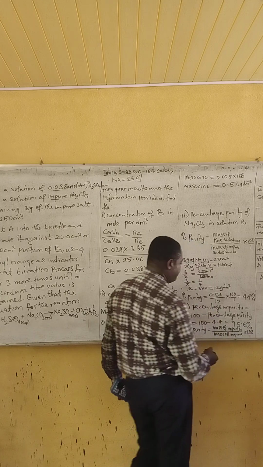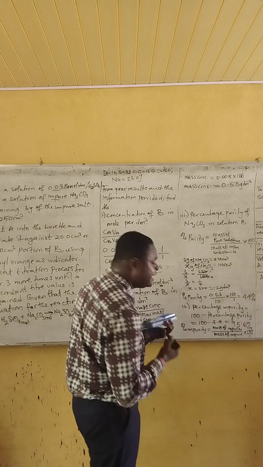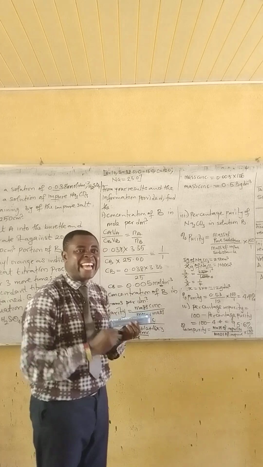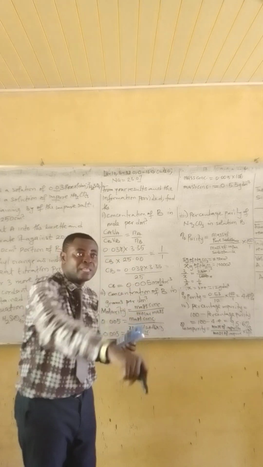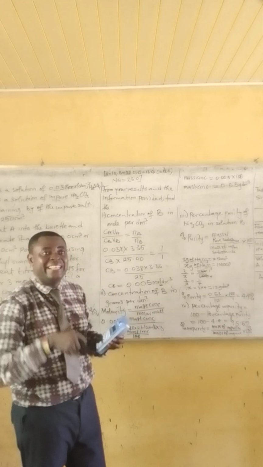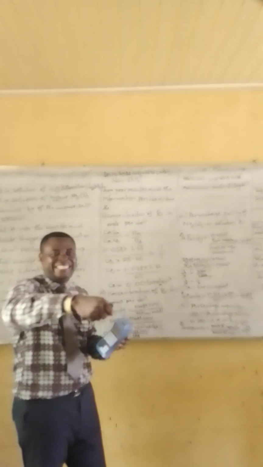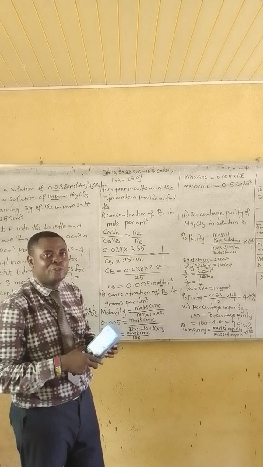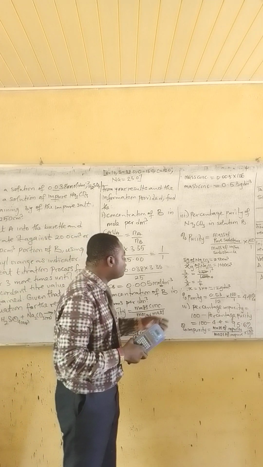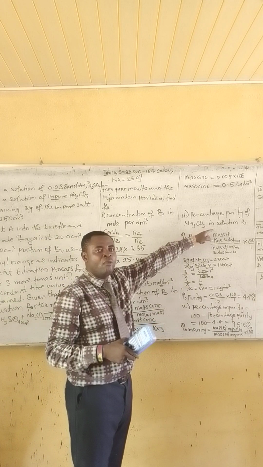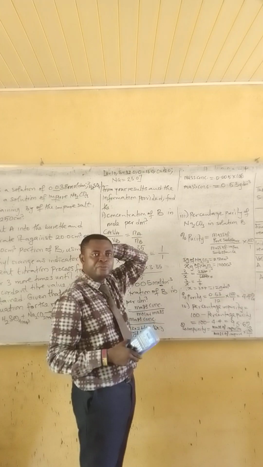If you want to stretch yourself. Impurity means the dirty thing that is added to the pure substance that makes it dirty. So to get the mass of that sand that is added, you subtract the pure from the impure given to you.